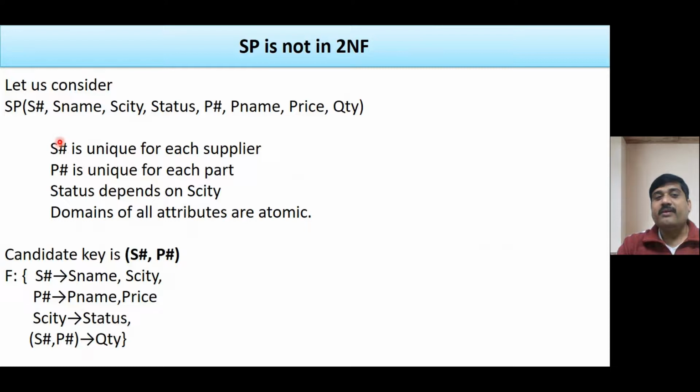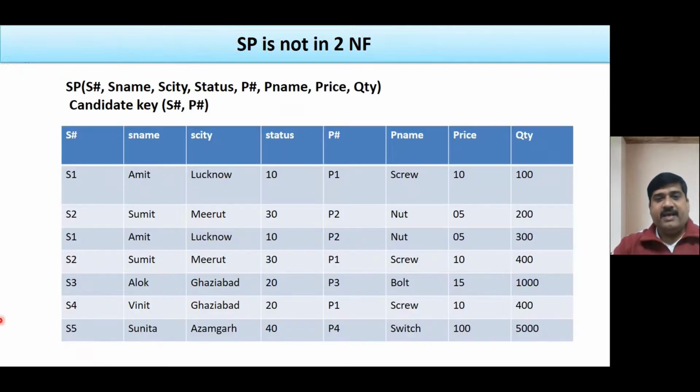Then we will decompose this complex table into simple and well-structured tables with respect to these partial FDs. Now see the next slide. Here we store information in this table, and see there is a lot of redundancy in this table. Why?